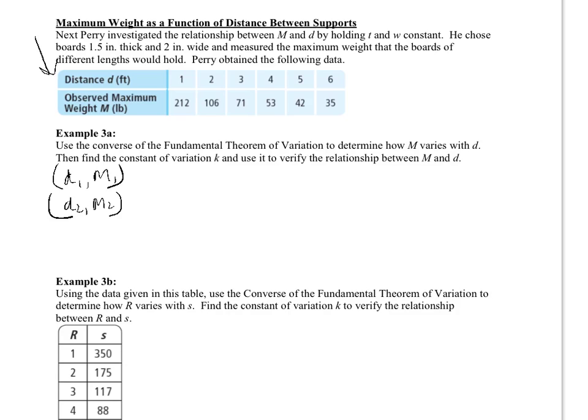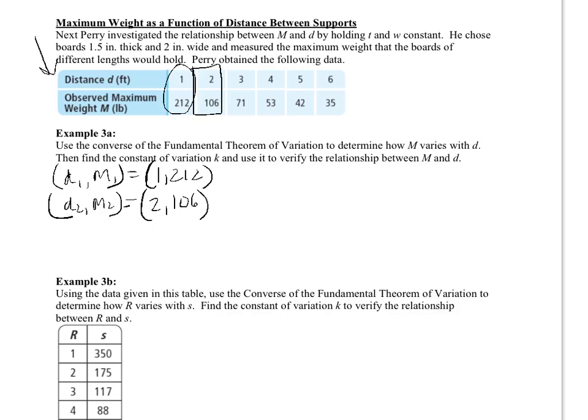I just picked the first two data points on that table, 1 and 212, and we want d2 to be double that, so we're going to do 2 and 106, because 1 times 2 is 2, so the d value is double.